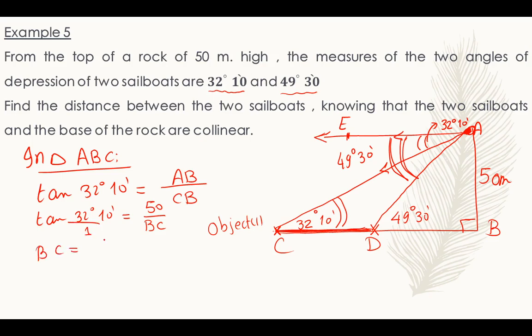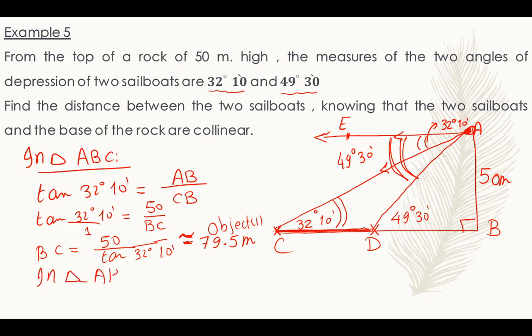BC equals 50 over tan 32 degrees 10 minutes, which is approximately 79.5 meters. So the length of BC is 79.5 meters.